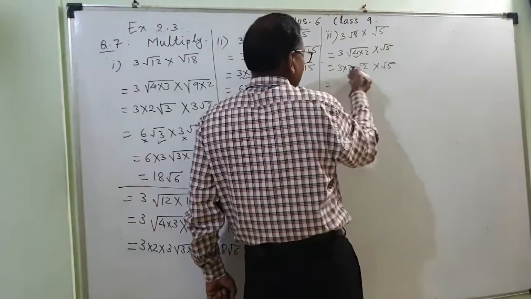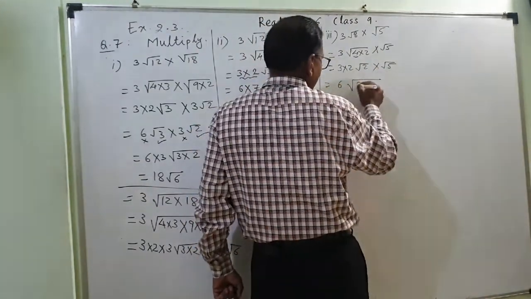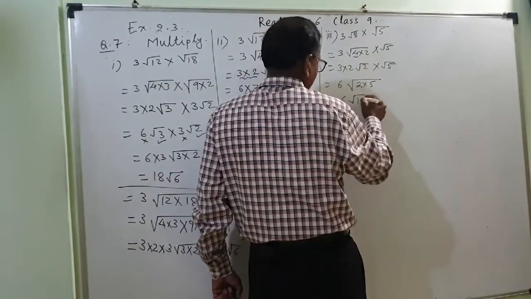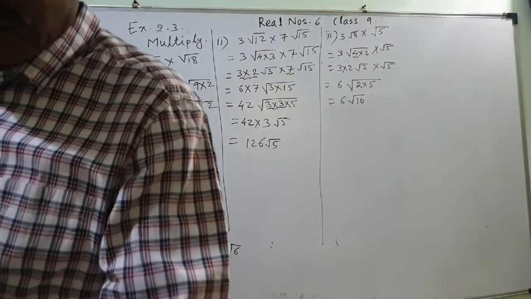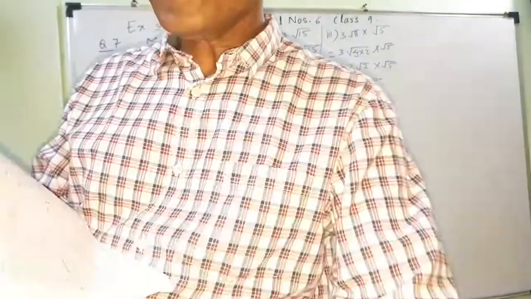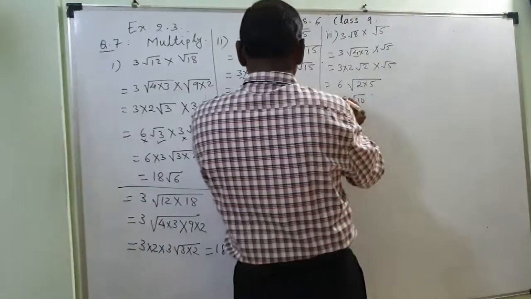So that is equal to 3 into 2, 6, and this in the single radical sign, 2 into 5. That is equal to 6 root 10. So this way it will be solved. Now the fourth one I will give for you to do.